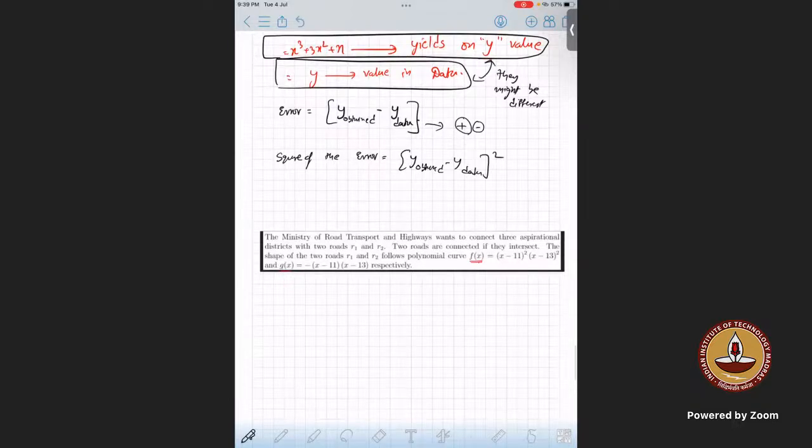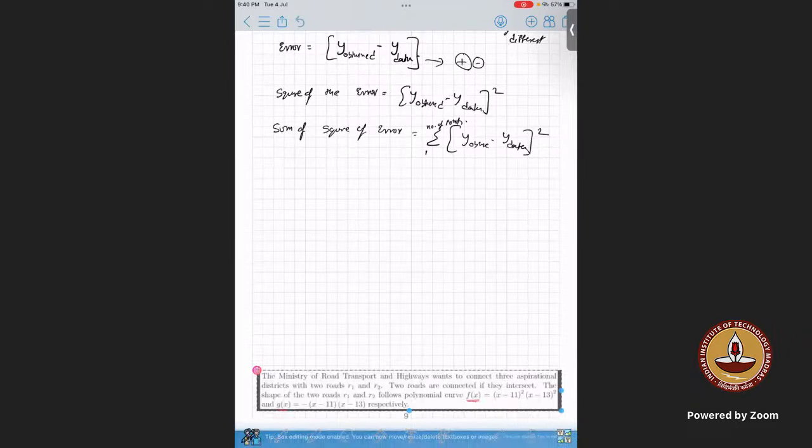Then we add all of these, the sum of squares of error, for every point from point 1 to the number of points. Clear till now?